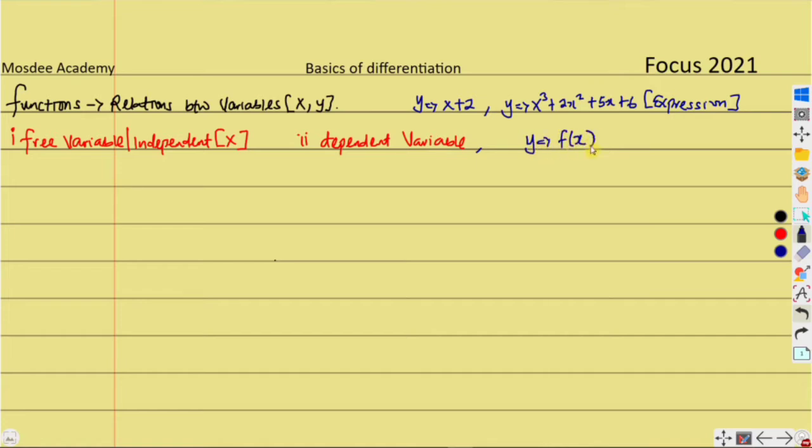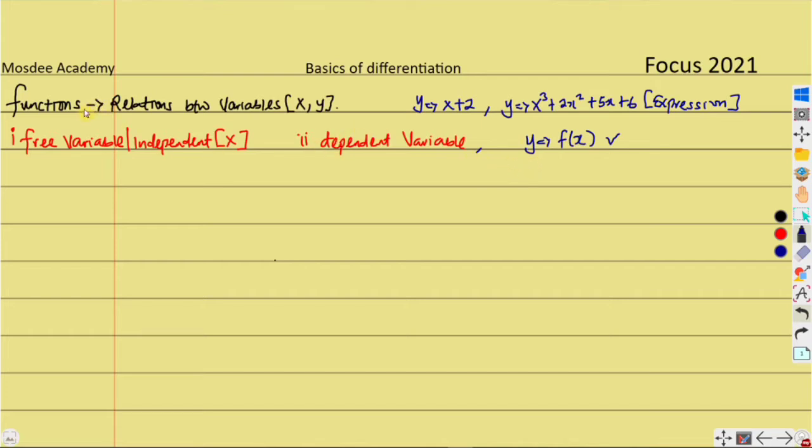This is the expression that we use mathematically to express functions. So you can as well define functions as any expression that relates a dependent variable with an independent variable. This is the mathematical expression we use to write y as a function of x, and we call it y equals to f of x.